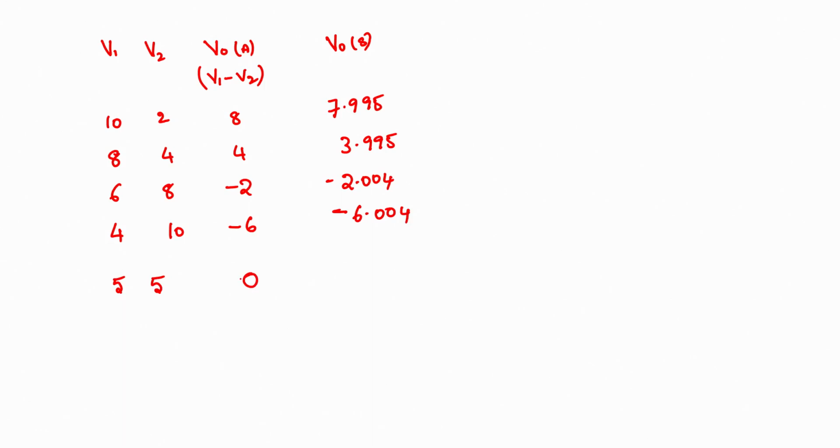Actually speaking, the output should be 0, but we are not getting 0, we are getting some value of minus 4.0811 milli, and it is almost the same even when I am taking a different voltage value of 10 and 10, which is minus 4.1323 milli.